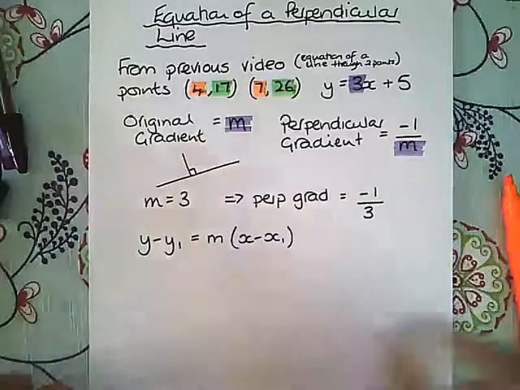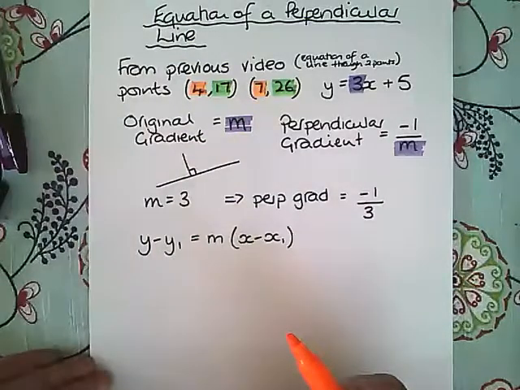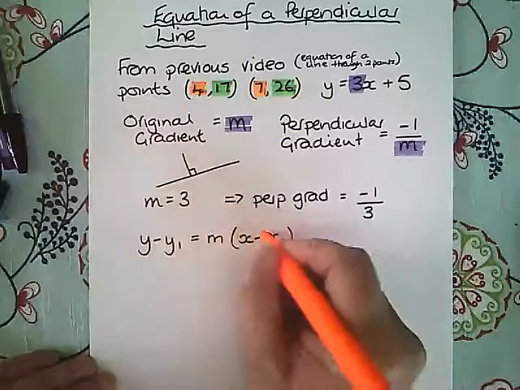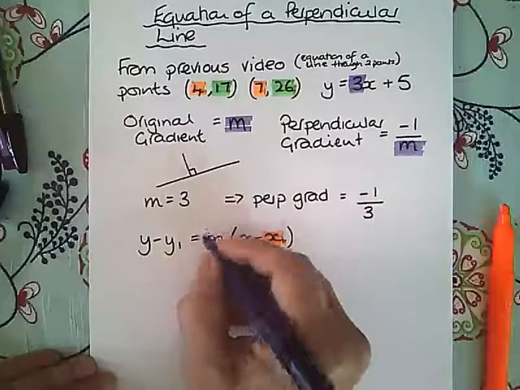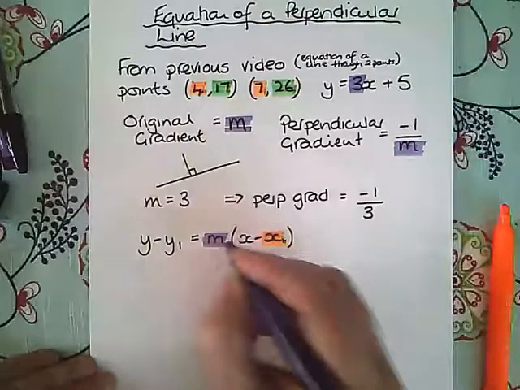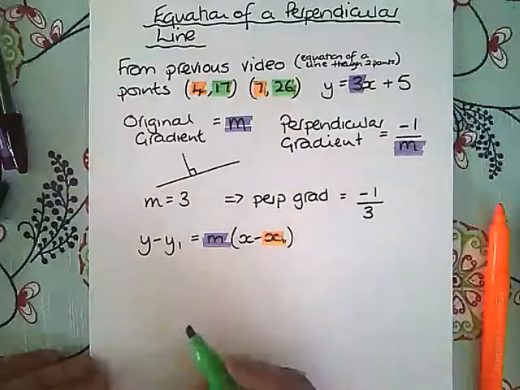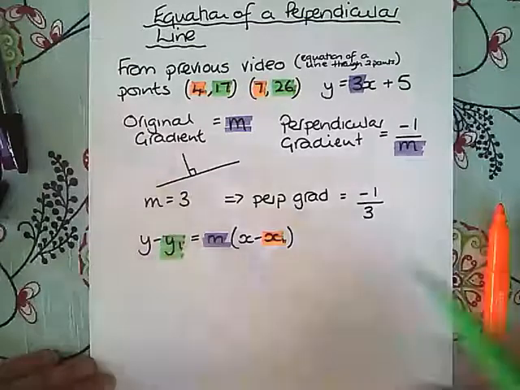So let's colour in our numbers and letters to see where they're coming from. So the orange ones are the x values, so x1 here. The purple is the gradient, and in this case it's going to be the perpendicular gradient because we're trying to find the equation of a line perpendicular to our original one, and the green is the y values.